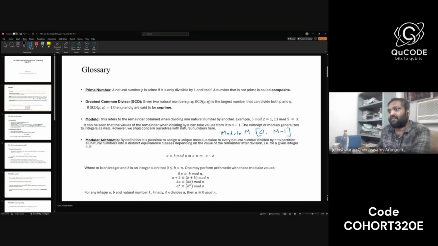Essentially, if I have a and n, let me say a is congruent to b mod n, then this means a can be of the form m times n plus b, where m can take any integer value. So for a given value b and n, I can have infinitely many a's. Essentially what I'm doing is creating an equivalence class for integers based on the modulus, which is n.